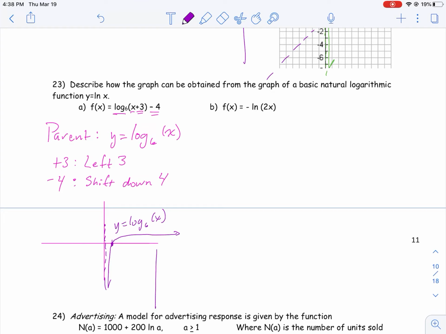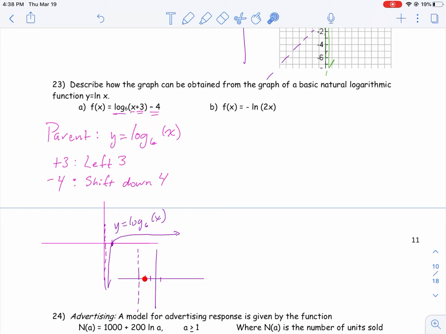And again, it didn't ask you to do this. I'm just doing it to show you. Left 3, it's going to move this vertical asymptote 1, 2, 3 to the left. And shift down 4. So instead of this x-intercept being here at 1, it's going to go left 3, 1, 2, 3.